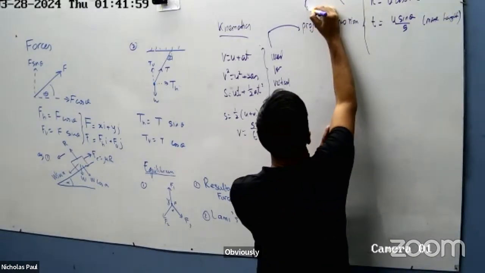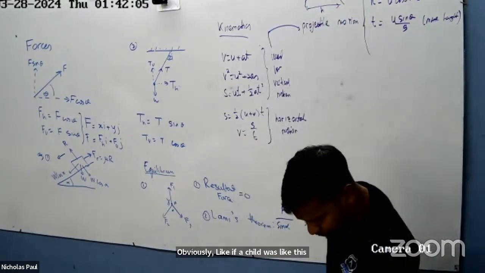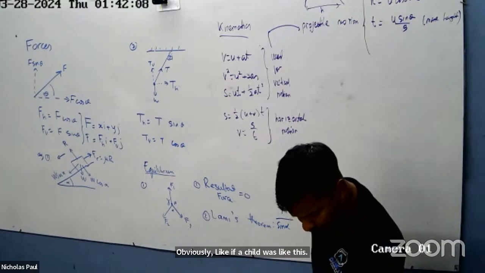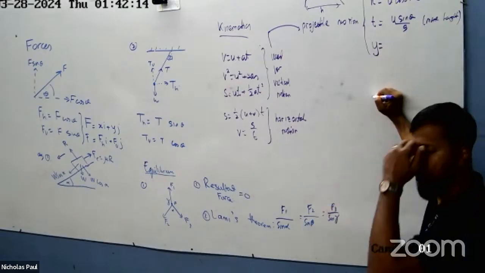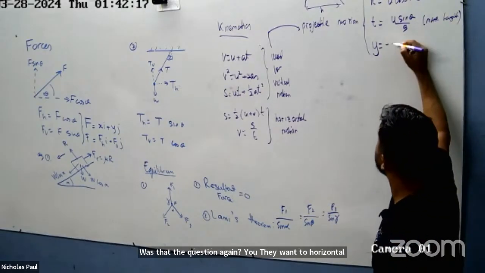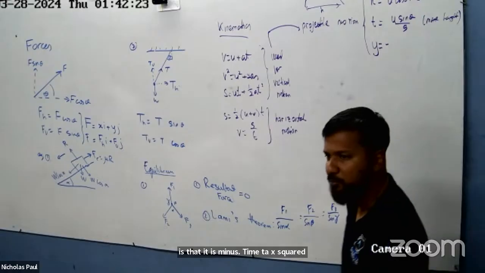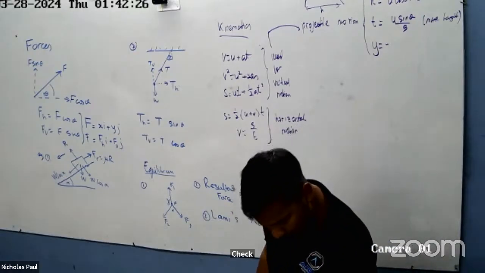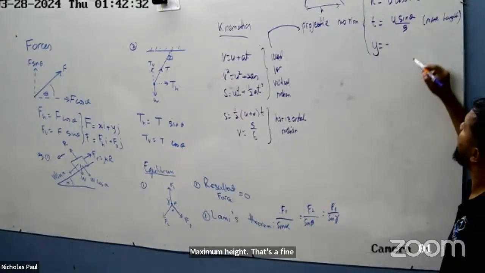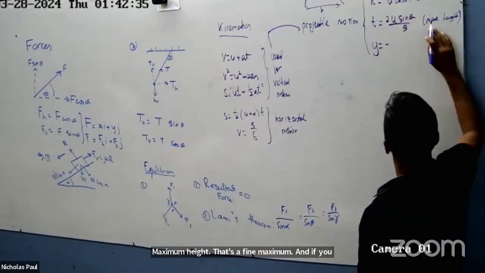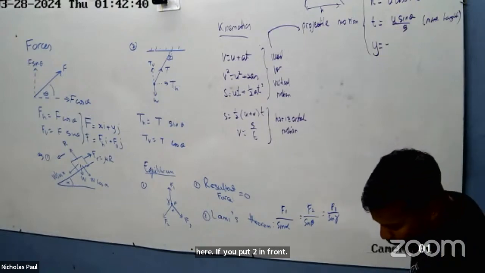If it travels like this, from here to here is R. What's that equation again? The one for horizontal is minus tan theta x squared. Maximum height. And if you put 2 in front, it's for the whole journey. It's the one that we proved.